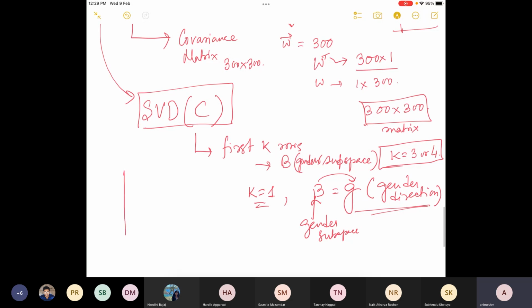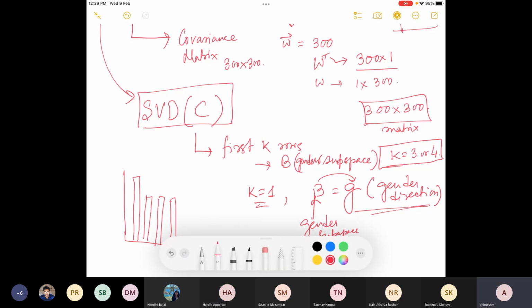Do you remember the principal component study that I was showing you? Is it related to dimensionality reduction? Of course, SVD is doing dimensionality reduction, but why the covariance matrix? Covariance matrix of what? First of all, this covariance matrix is constructed from the gender defining sets.